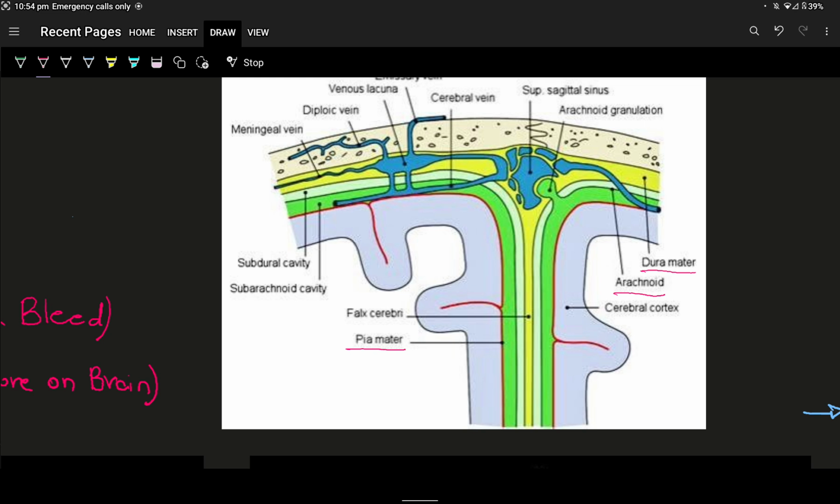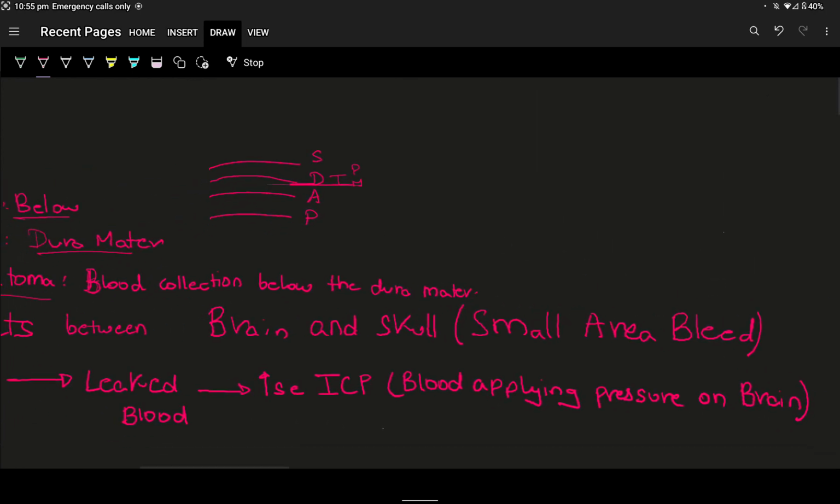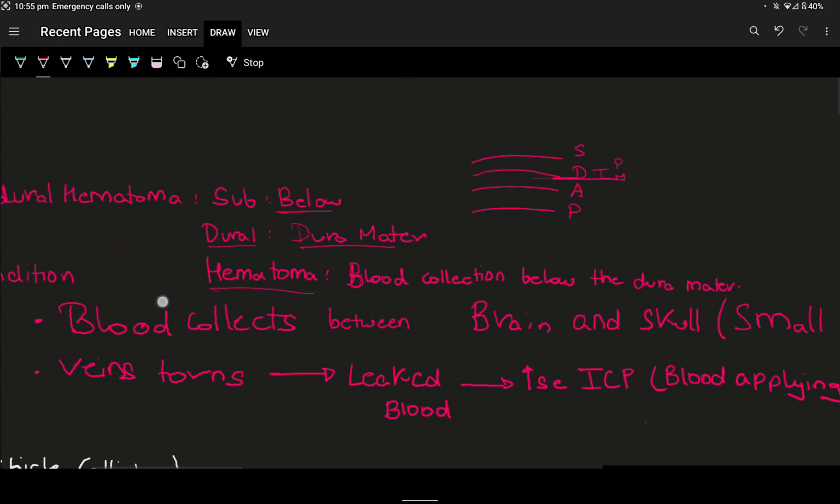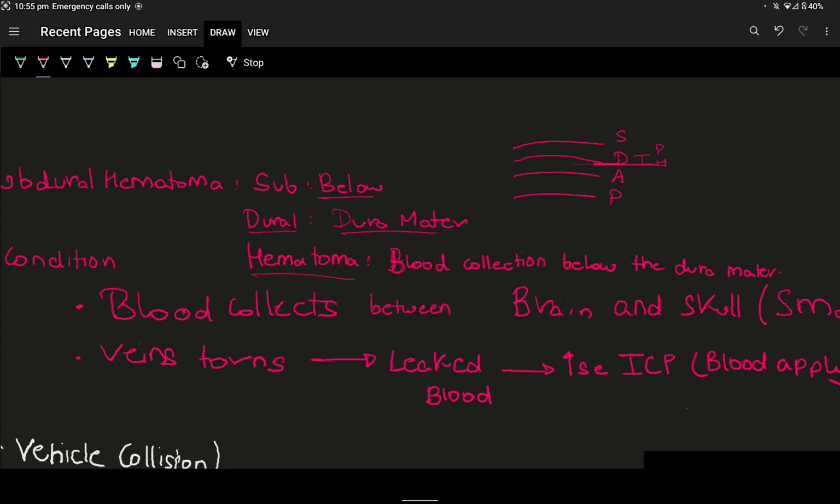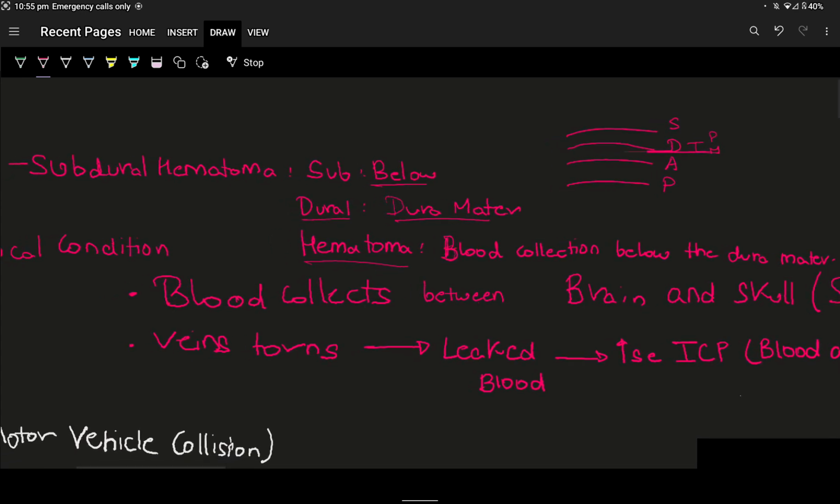It is in the subdural cavity that we have the bridging veins. These bridging veins are usually prone to rupture due to traumatic or non-traumatic causes, which we will see in a minute, the etiologies.